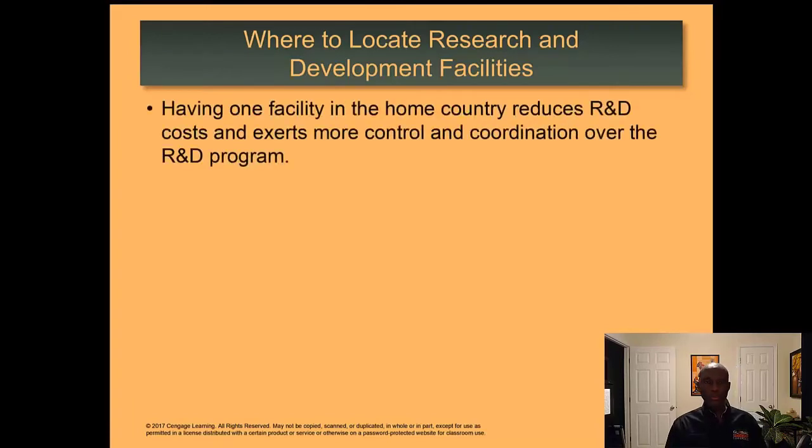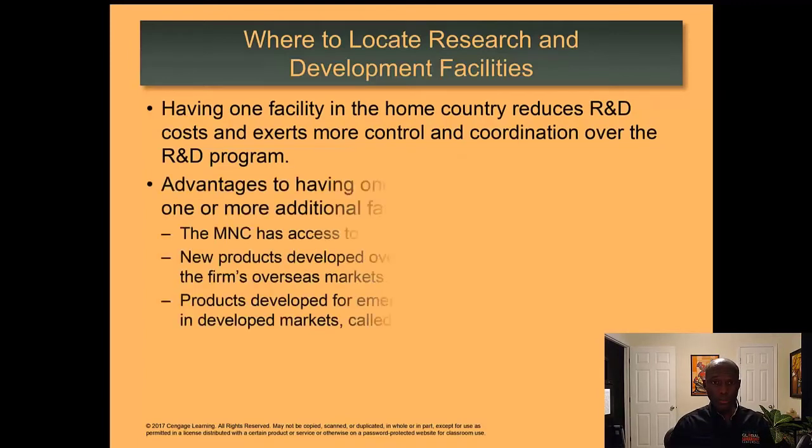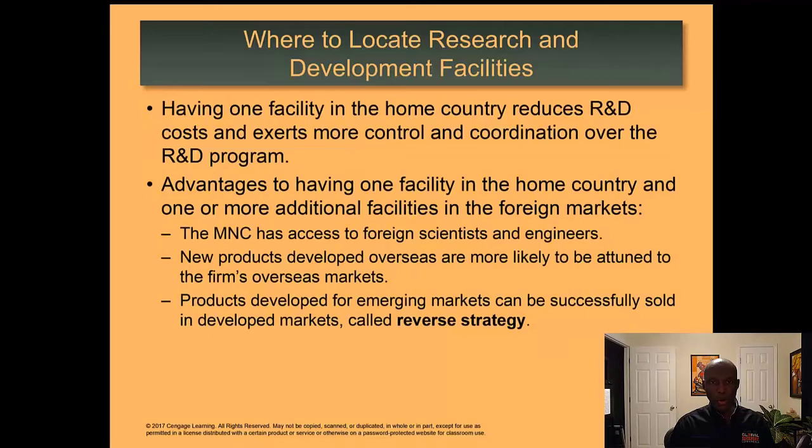I have also included the international product life cycle, again, which is a slightly different model. Where to locate research and development facilities? I think it's really a case-by-case basis. Having one facility in the home country reduces R&D costs and exerts more control and coordination over the R&D program.